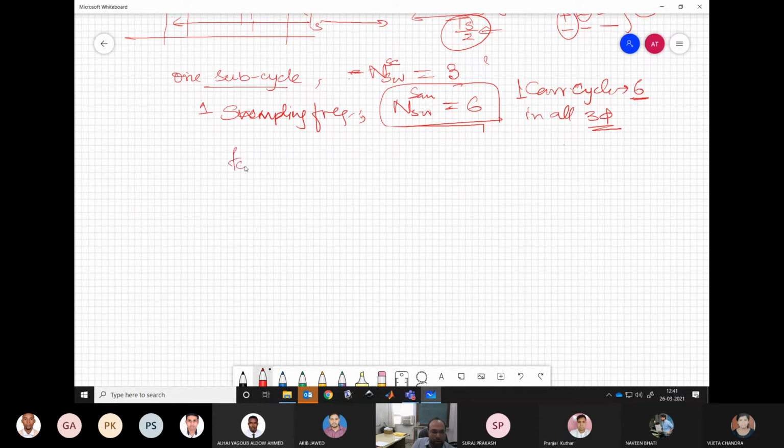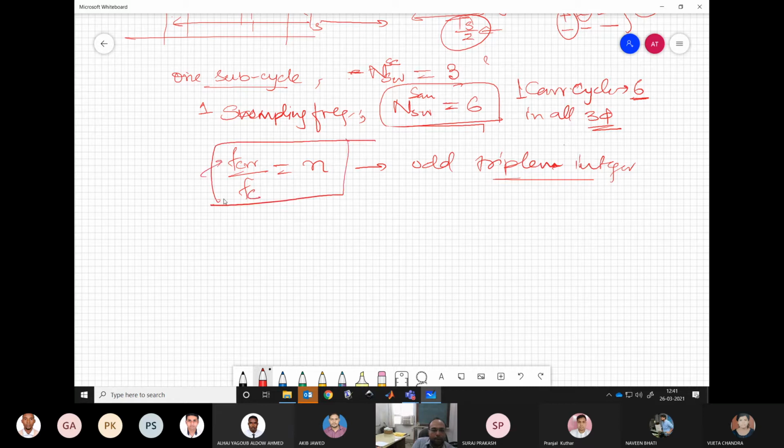We have defined that the carrier frequency and fundamental frequency must be odd triplet, right? So the carrier frequency must be odd triplet times the fundamental frequency. This is what we have discussed earlier for maintaining symmetry. So if this number is, let's say, m, then in m cycles, how many switchings will we have? 6m for 3 phases.